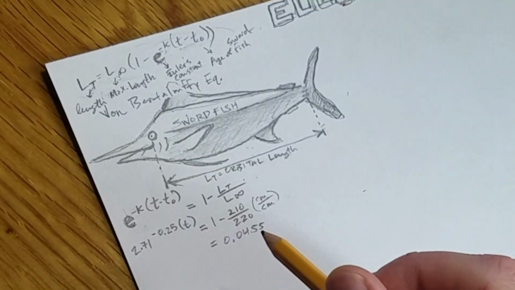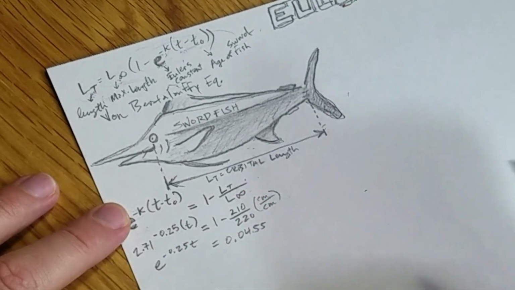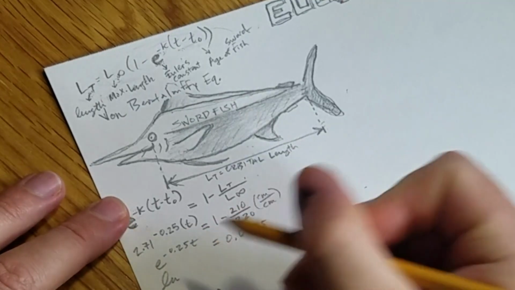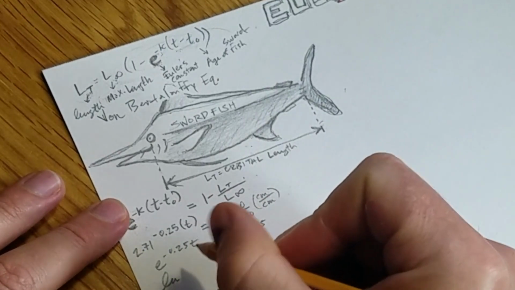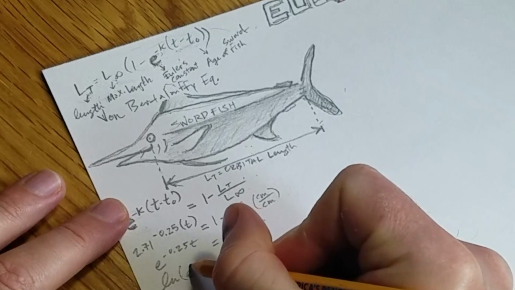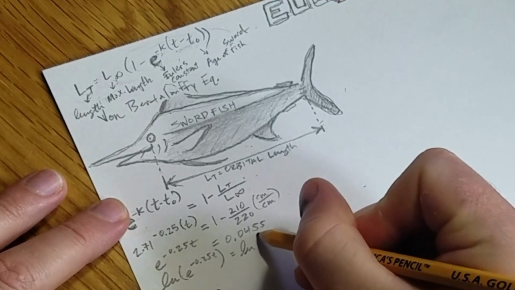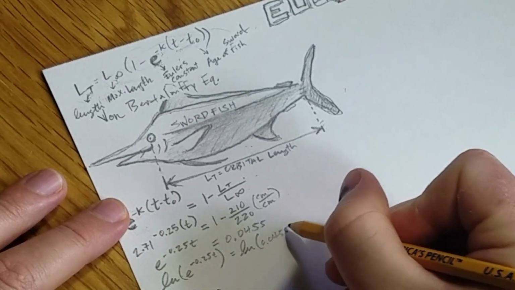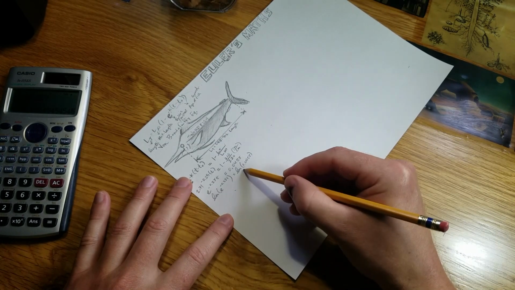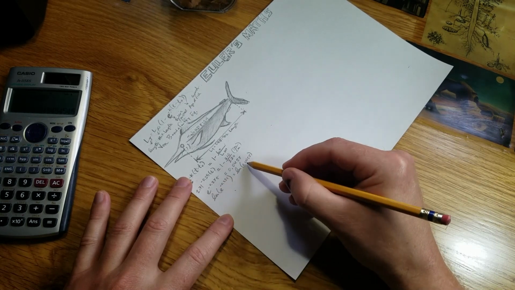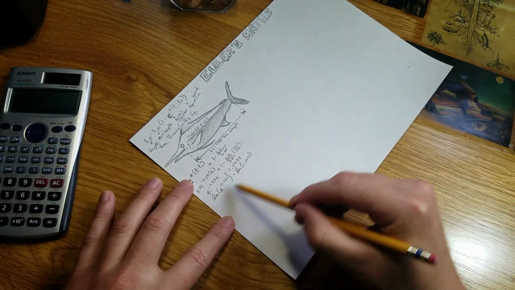And now what you do is take the natural log of both sides, which means that e to this power is 0.0455. So we need to figure out what all this means.